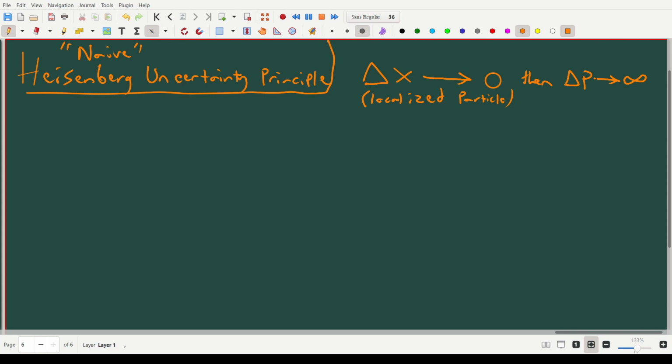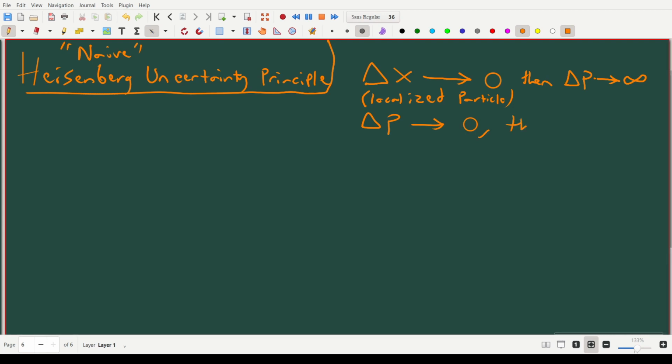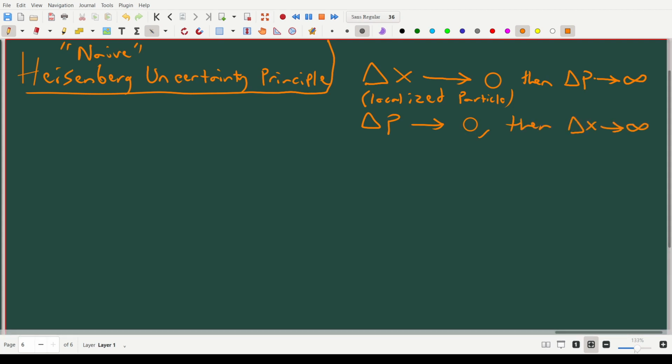If your error in momentum goes to 0, then your error in position goes to infinity. Right? So you can only know position and momentum like color and flavor, right? If I know color exactly, I know nothing about its flavor and vice versa. Position and momentum work the same way. Right? This turns out to be wave-particle duality, just stated differently, and we'll explore that next class.